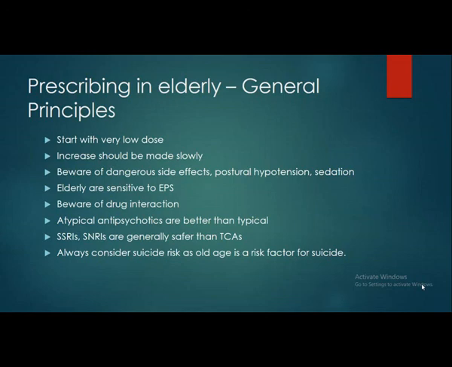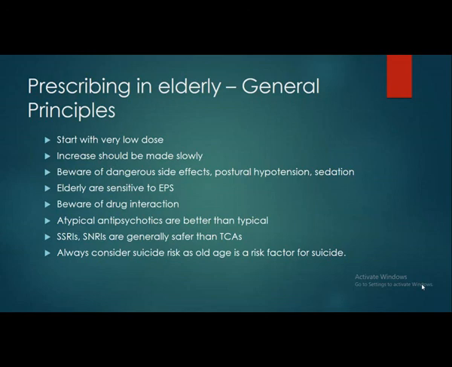The first principle is that whenever you are going to prescribe a medicine to a person of older age, you need to start with the lowest possible dose because of the slow metabolism.